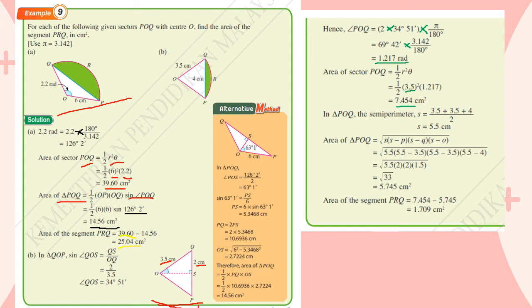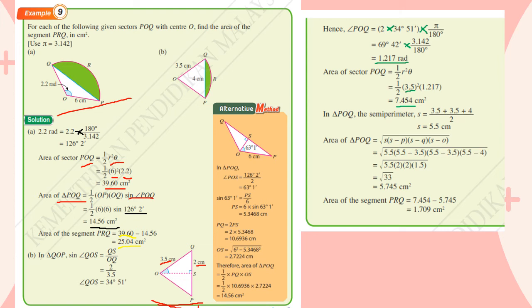For the previous example, the calculation showed the area of triangle using sine rules. Another way to find the area of triangle is by using Heron's rules. You have learned this in Form 4 in Chapter 9. To use this rule, you need to find the semi-perimeter.